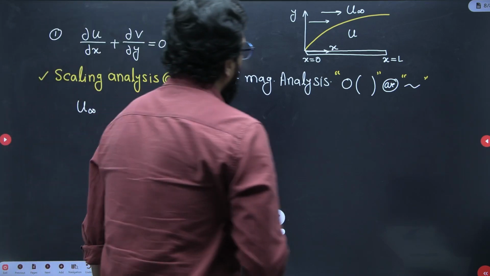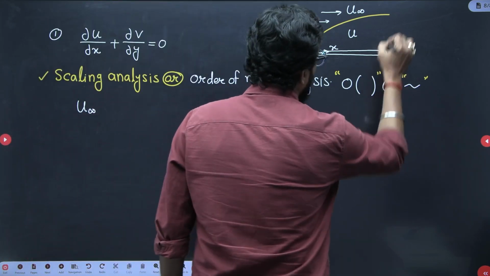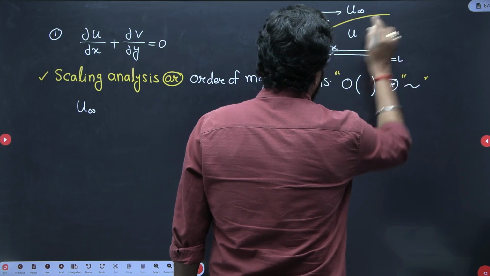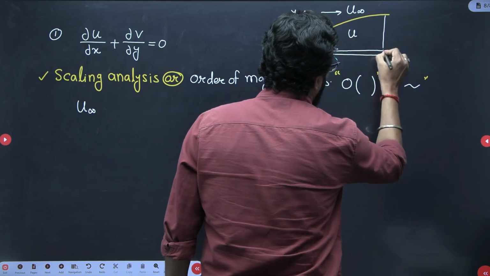Now, what is the maximum y? Delta. This is your boundary layer thickness.